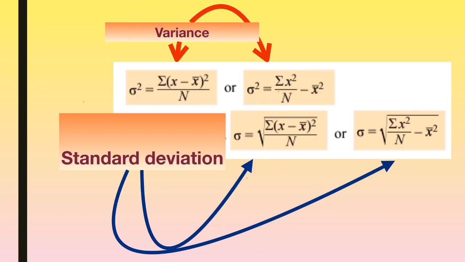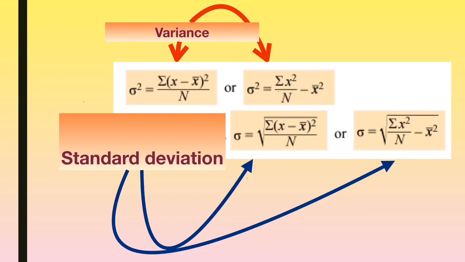Okay, followed by just one step further, you square root your variance, you will get standard deviation. The formula is actually almost the same. It's just that you need to square root your variance. So if, let's say, I have variance equal to 81, my standard deviation is square root of 81, so standard deviation is equal to 9.